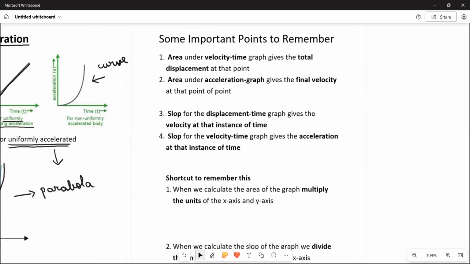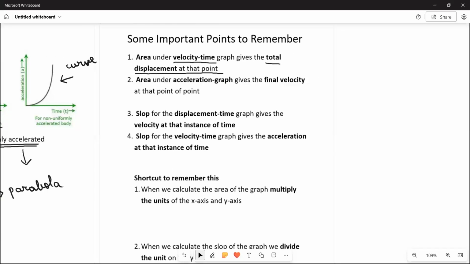So now there are some important points which you are supposed to remember. Okay. So the area under the velocity time graph will give us the total displacement at that point of time. The area under velocity time graph.